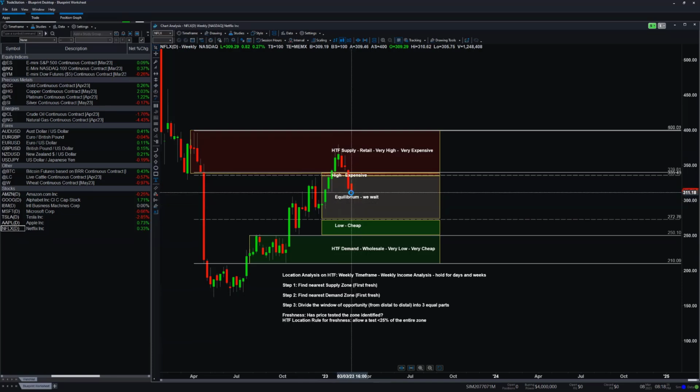So now price is here and price has reacted to the supply just like expected. But even if we had traded this, it would not have been profitable at all. And even today, we have not yet achieved the 1-to-1, right?